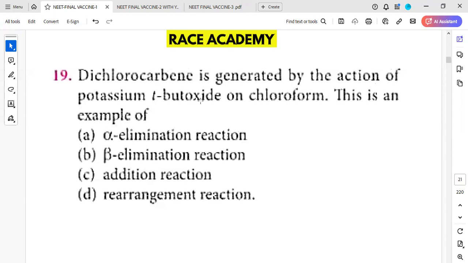So from tertiary butoxide and chloroform, dichlorocarbene is generated. Dichlorocarbene is nothing but CCl2. This is generated due to the action of potassium tertiary butoxide.